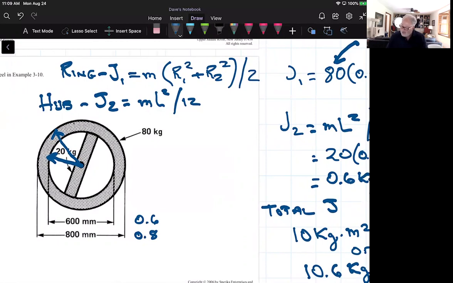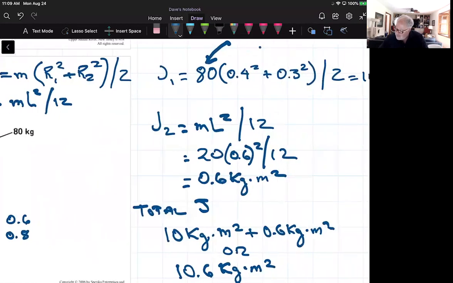This 800 millimeters is given as a diameter, and of course the radius of that is 0.4. This 600 millimeter is given as a diameter, so the radius is half of that, or 0.3. That's where the 0.4 and the 0.3 come from in this equation.